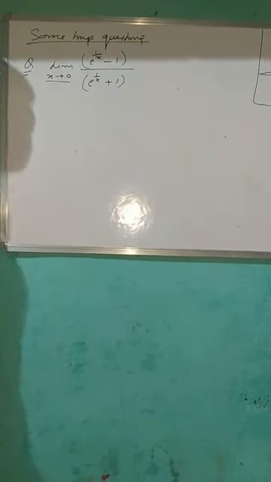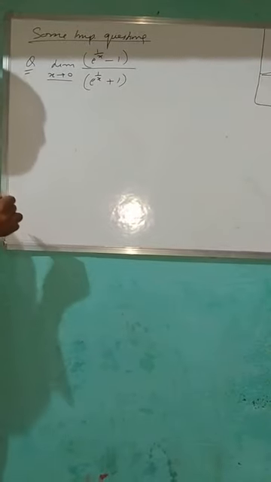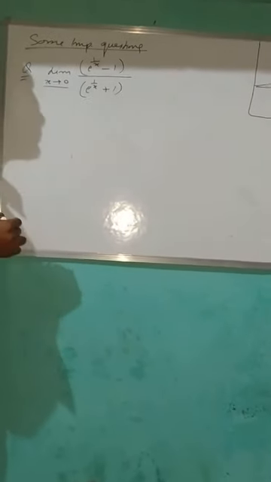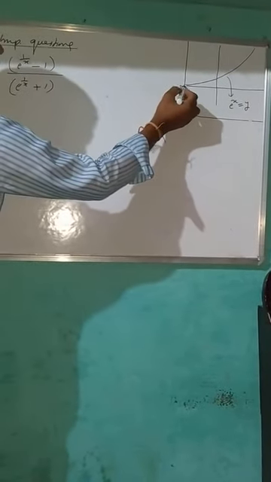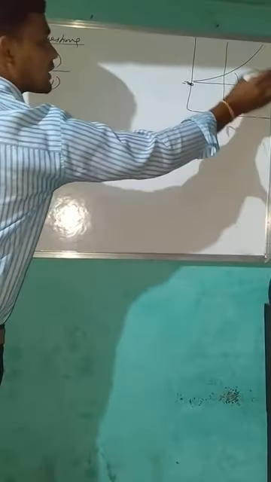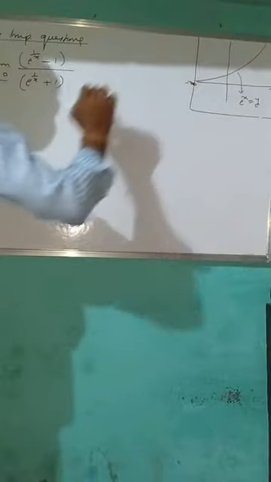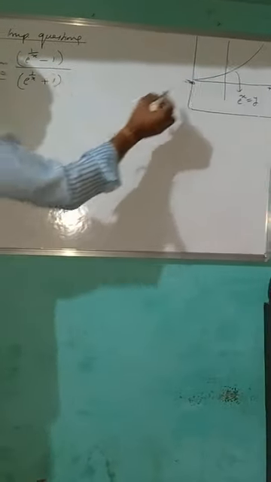In this question, first we should know the graph of e to the power x. This is the negative side of x and this is the positive side of x, with the y-axis, and this is the graph of e to the power x.